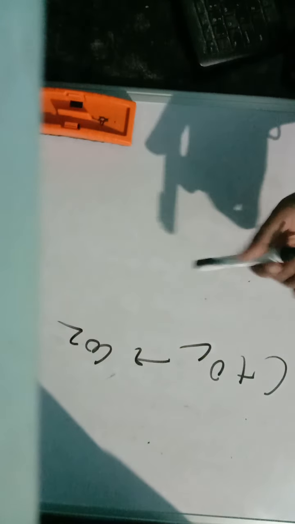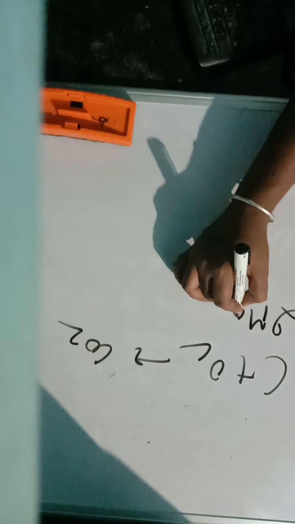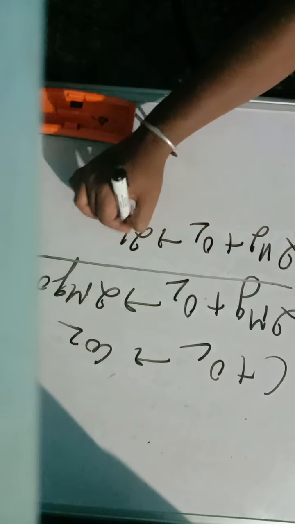Let's take an example of a combination reaction: C plus O2 gives CO2. Again we can take 2Mg plus O2 gives 2MgO. That's again a combination reaction. 2H2 plus O2 gives 2H2O, that is water. Again a combination reaction.